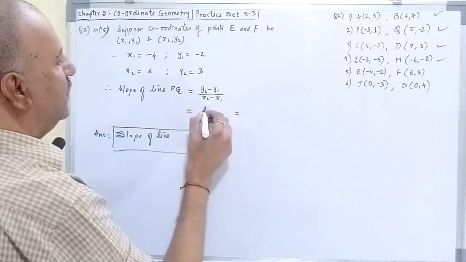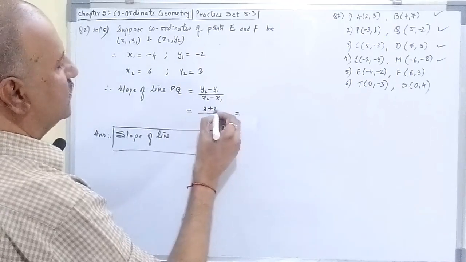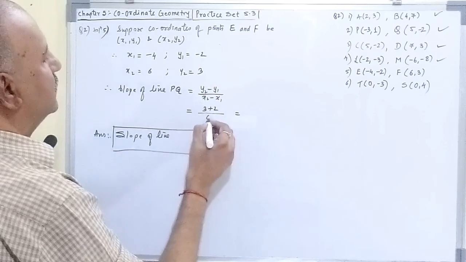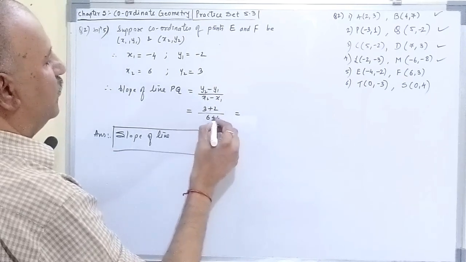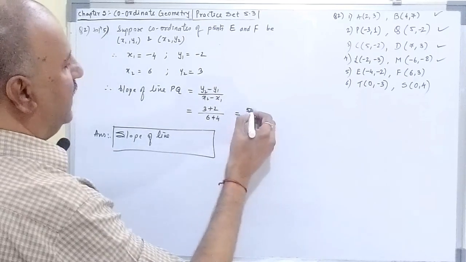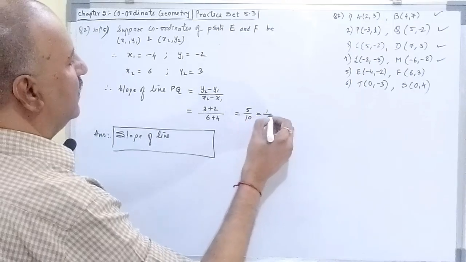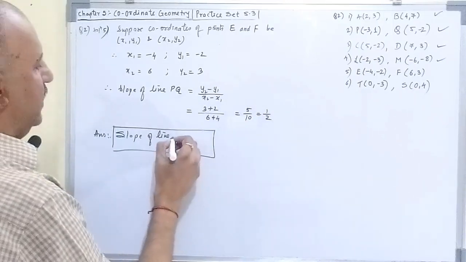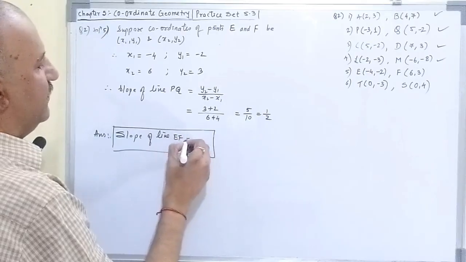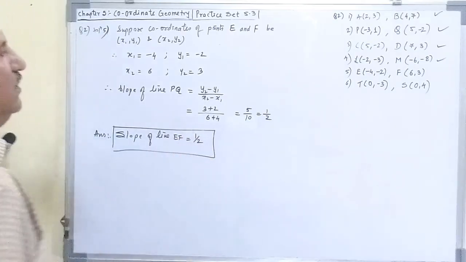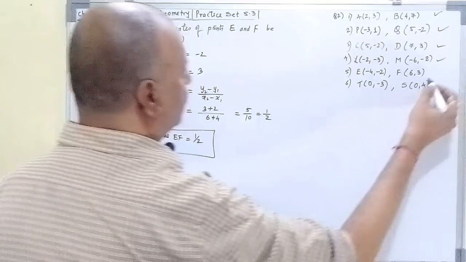So this will come 3 minus minus, plus 2, over 6 minus minus, plus 4. So 5 upon 10, this will be 1 upon 2. So the slope of line EF is 1 upon 2. So the fifth question is complete.